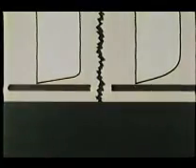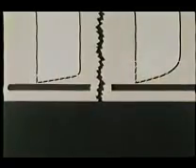Downstream, 95% of the total vorticity is contained within this area. Viscosity acts through the mechanism of molecular diffusion to spread out the vorticity as it is convected downstream. The local boundary layer thickness is a measure of the distance vorticity has diffused away from the plate.